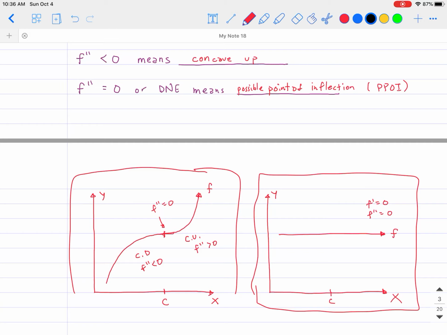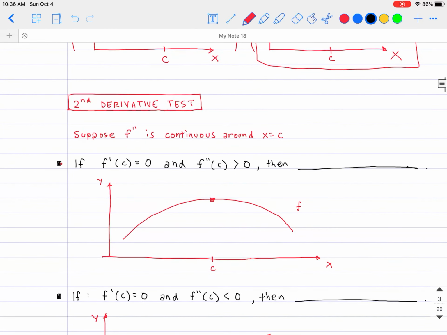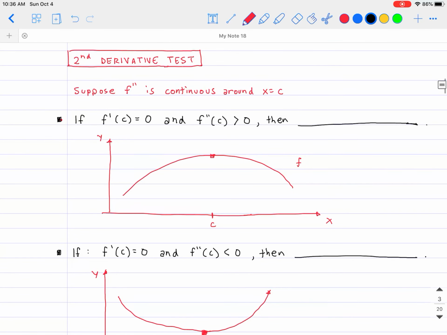And if you have a horizontal line, there's definitely no point of inflection, meaning there's no concavity change. So in conclusion, when f double prime is equal to 0 or does not exist, there is a possible point of inflection. And in order to detect if there is one, we have to make sure that there is a sign change around it, just like in the first derivative test, where we have to find out if it's a local maximum or local minimum.